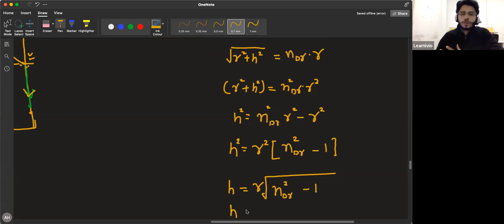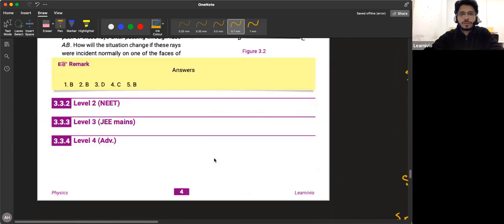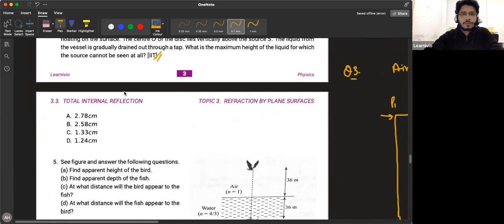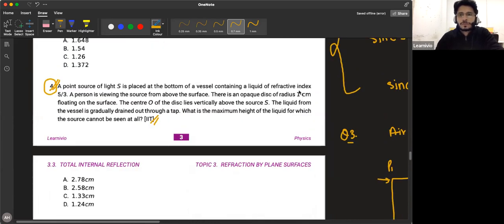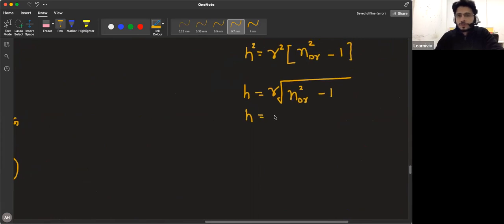Just keep on substituting the values. See how much is R. R is given in the question. The value of R is 1 centimeter, and refractive index is 5 by 3. So your answer will come in centimeters. H is 1 times root over (5 by 3) whole square minus 1.